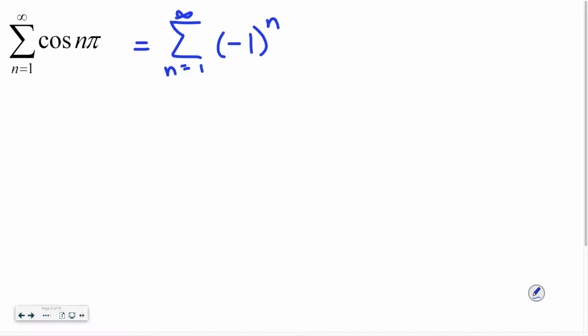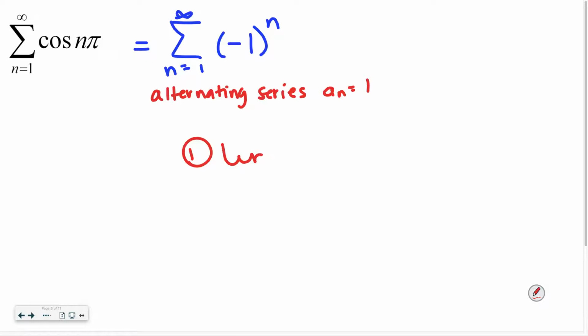Okay? So this is an alternating series where a sub n is 1. So what's the limit as n approaches infinity of a sub n?